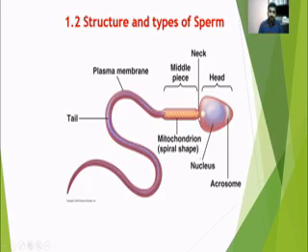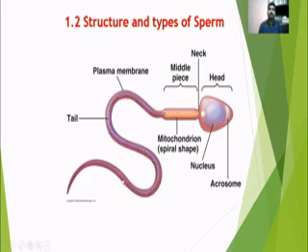Then another such centriole is present in the neck portion. The neck portion is a depression we can observe just beneath the head. Here is the second centriole body, known as the distal centriole, and from this distal centriole the axial filament is formed.